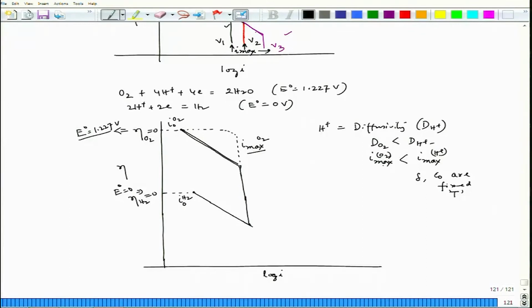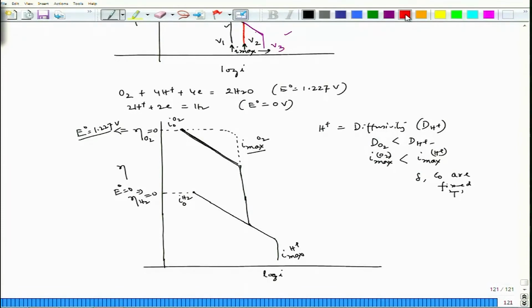So, if I look at only the hydrogen polarization part, without considering the oxygen polarization, it will have its own polarization, and then finally it will reach its I max for H plus. The curve pattern would be, since polarization is starting from a higher potential from oxygen reduction, it will fall like this.